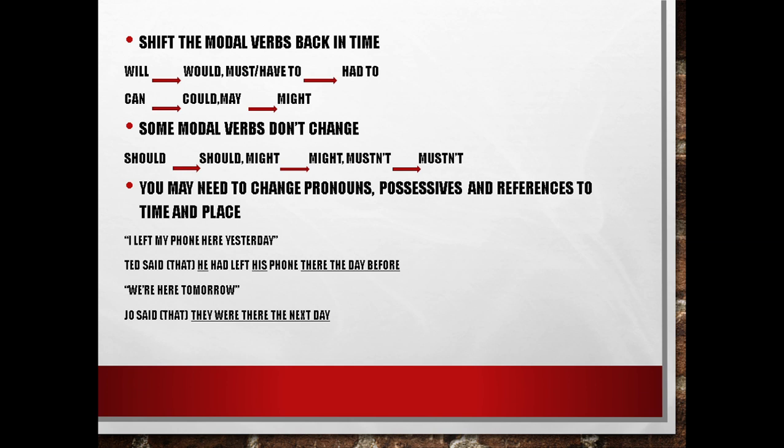Shift modal verbs back in time. This is the part of the modal verbs that we have to backshift also. For example, will changes to would. Must or have to changes to had to. Can changes to could or may.